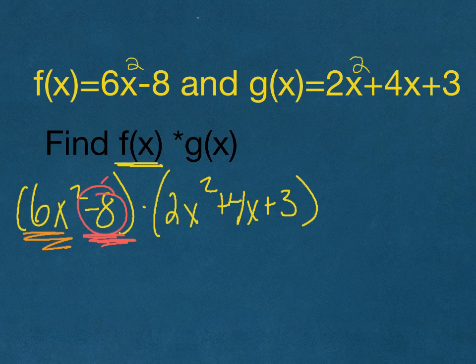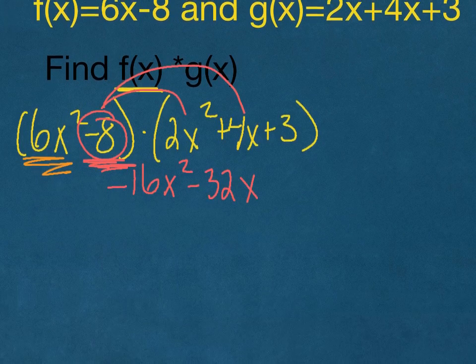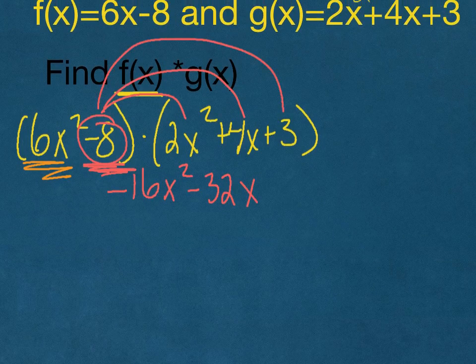So negative 8 times 2x squared is going to be negative 16. Count your x's. Negative 8 times 4x is going to be minus 32. There's only one x, and then negative 8 times 3 is going to be negative 24.